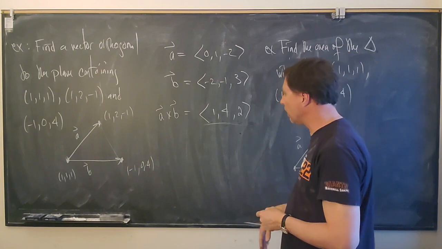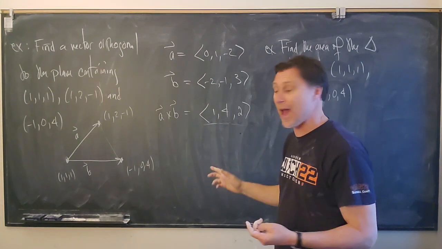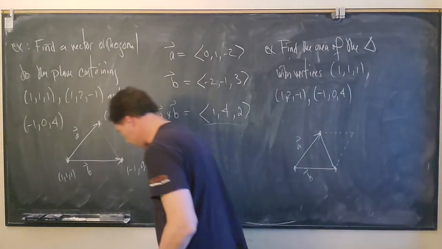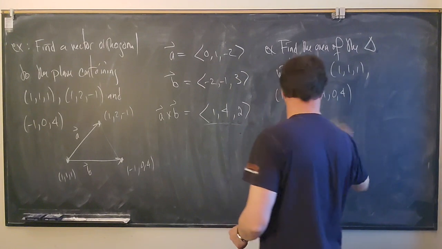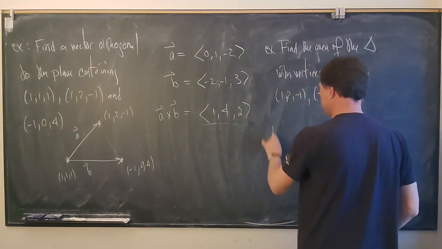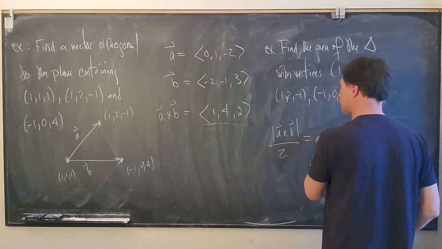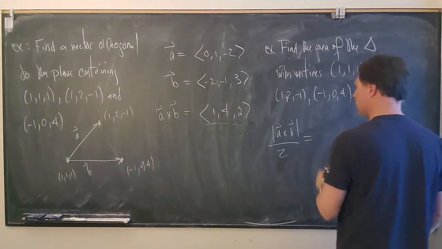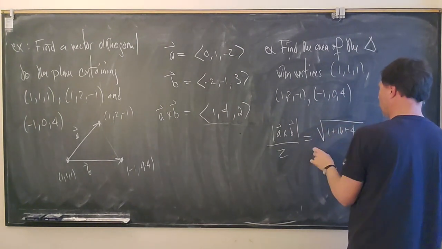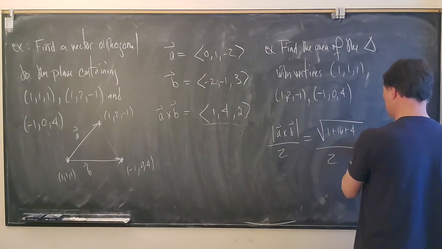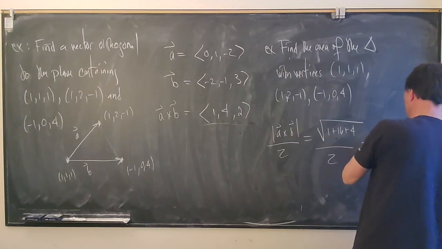Well, the area of the parallelogram is going to be the magnitude of that vector, and so the area of the triangle will be 1/2 the magnitude of A cross B. So to compute this, we just do magnitude of A cross B over 2. So that's going to be 1 plus 16 plus 4 over 2, which is square root of 21, so root 21 over 2.